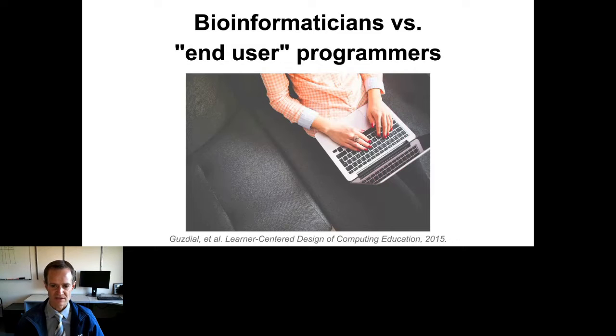Whereas somebody who is a biologist and wants to be able to do science, the science part may be their primary goal, and the programming may be a means of accomplishing that goal. And so there are different educational goals for those 2 different audiences, and that's also important to think about.